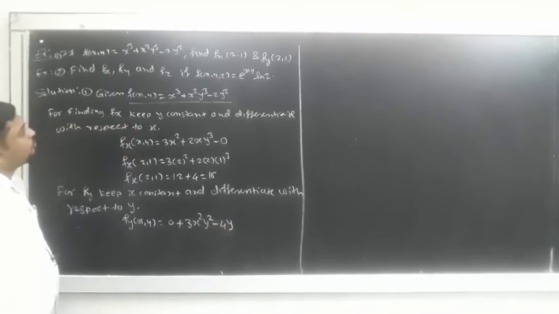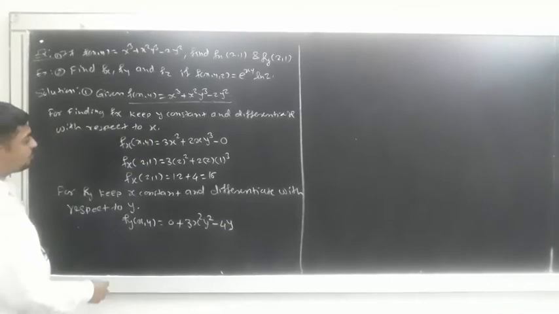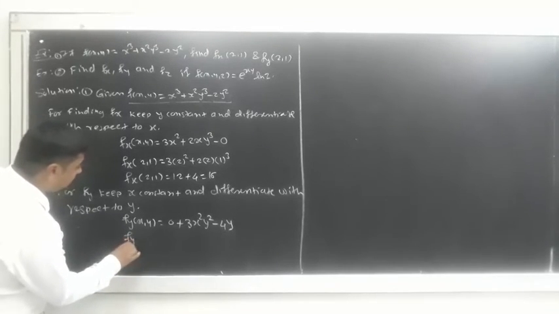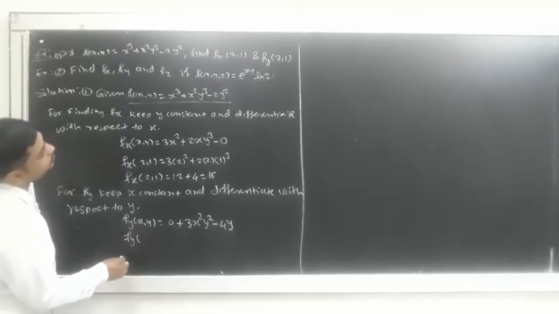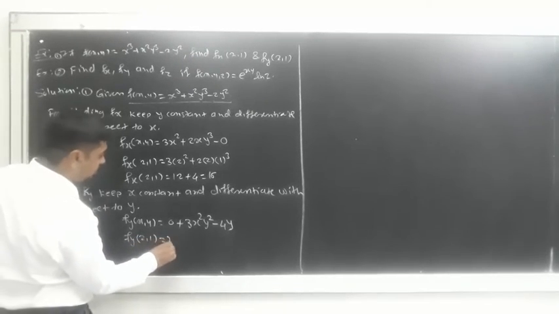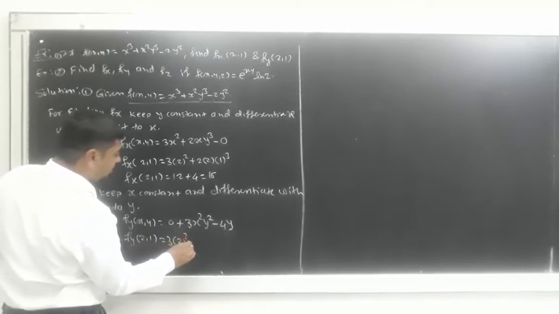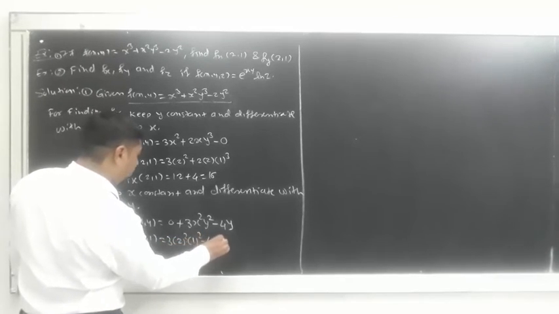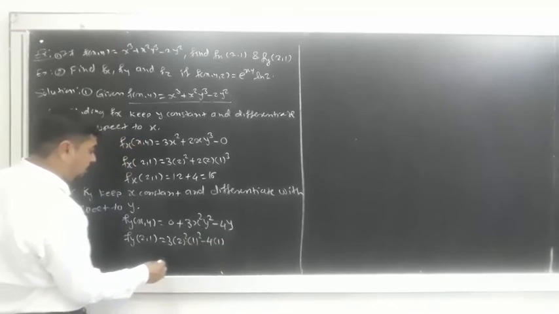So what we are getting is fy at point (2,1), it is equal to 3 into 2 square into 1 square minus 4 into 1. So what should this be?